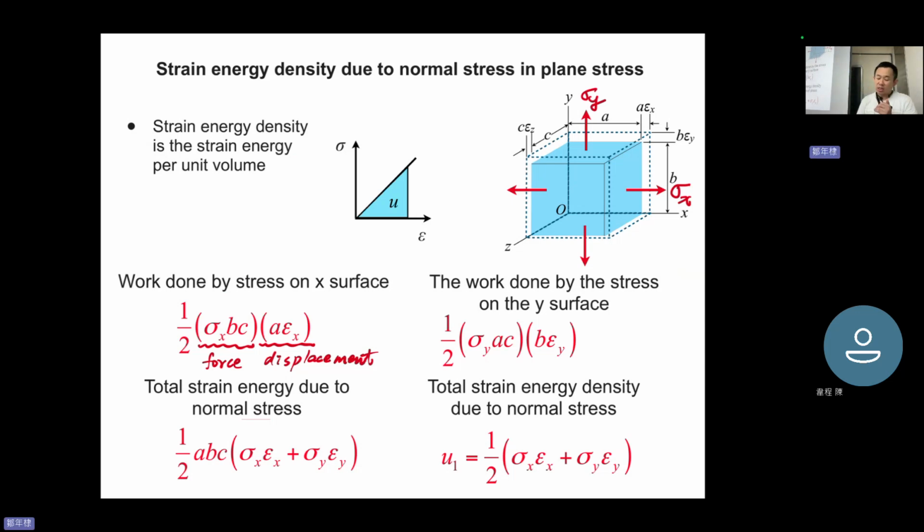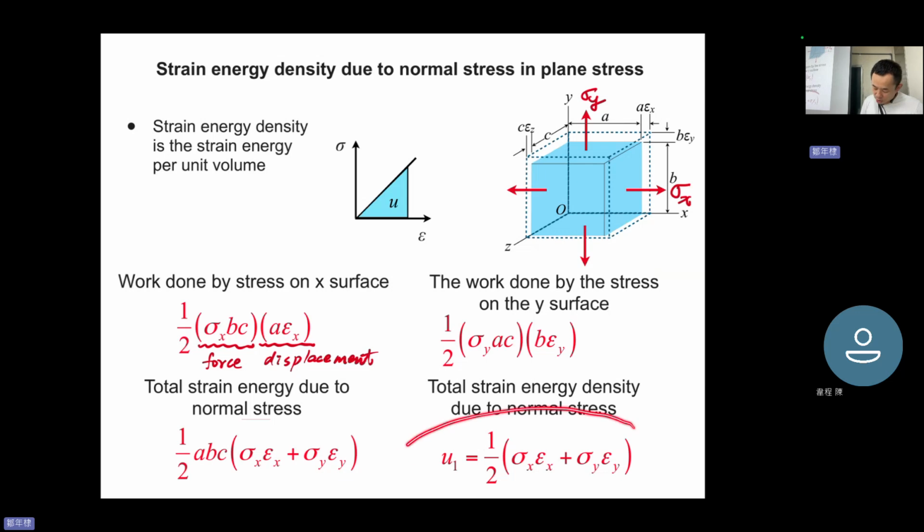Now, after we discuss the plane stress strain energy density due to the normal stress, don't forget, we still have shear stress. Shear stress also gives us strain energy density. So on the next page, I'm going to add the shear stress energy.